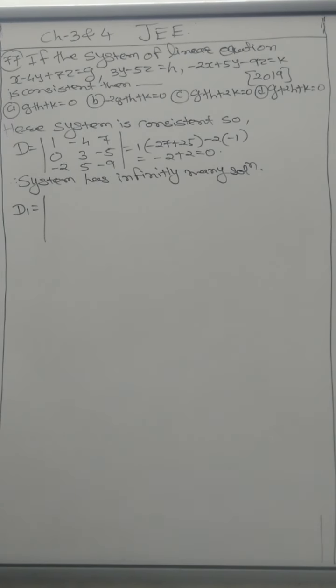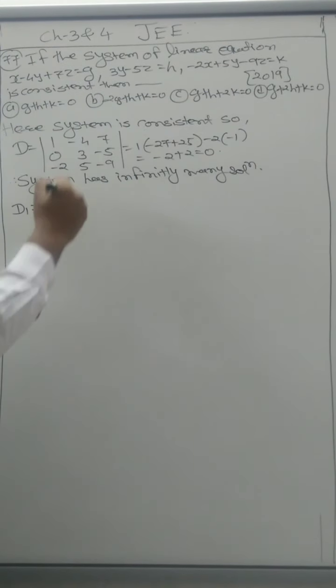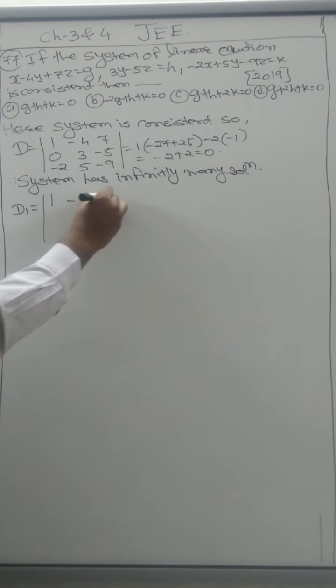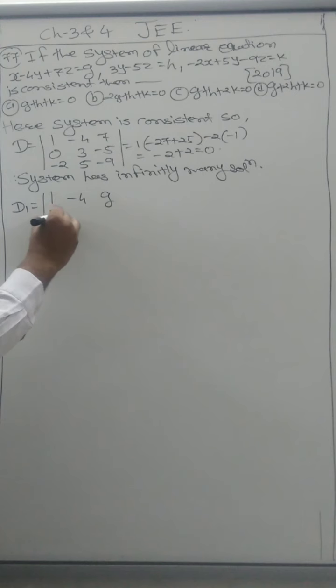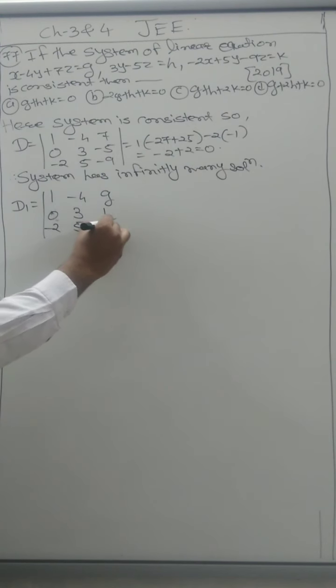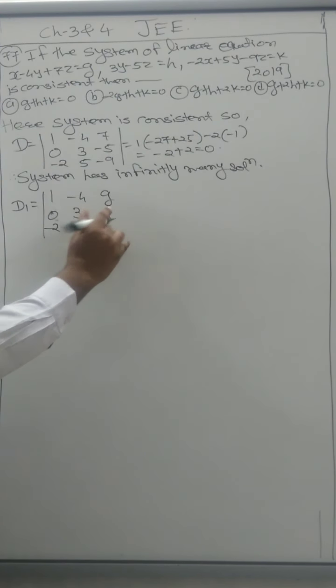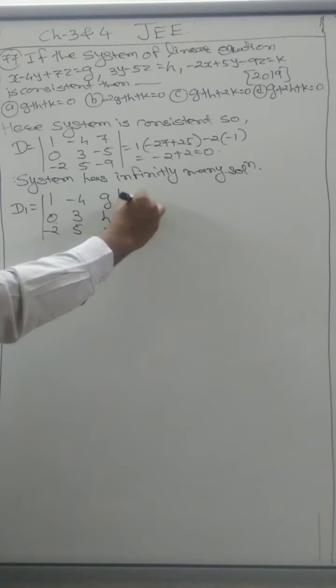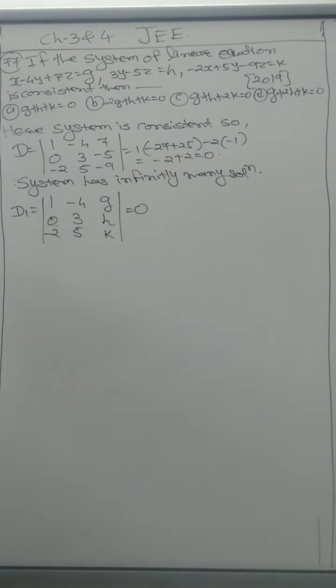Okay, so we hide the term of z, then we get 1 minus 4g, 0 3h and minus 2 5 k, and this becomes 0. Okay, D1 is also 0.